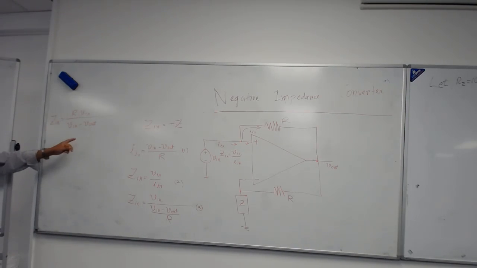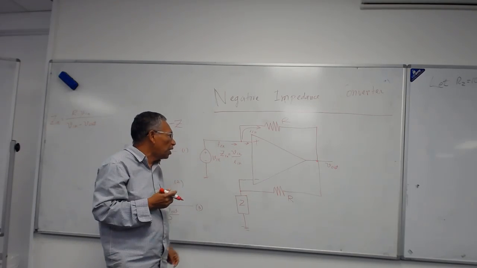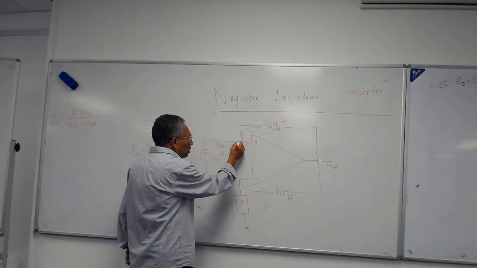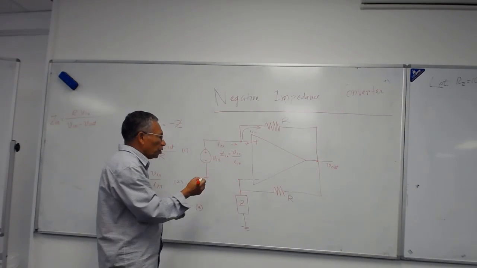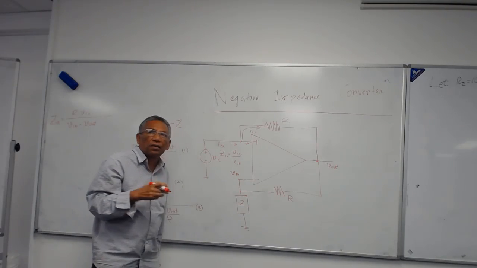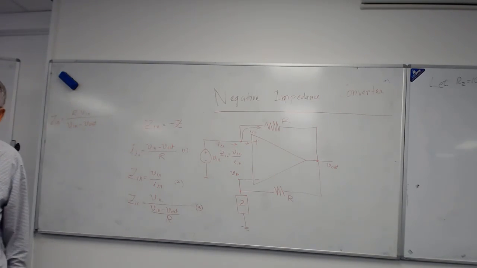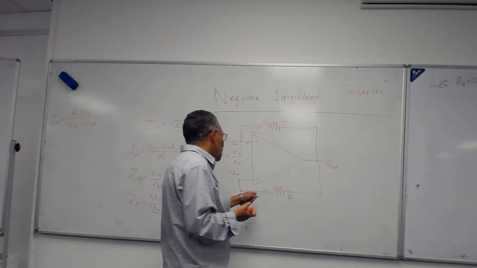For this, if you can write V out in terms of V in, that would help. Okay. So can we write V out? What is the relation between V in and V out? So this is V in. This is V in here. What is the voltage here? V in also, exactly. Close to V in. We don't say V in exactly, but it's essentially virtual V in. Okay, that's also V in.